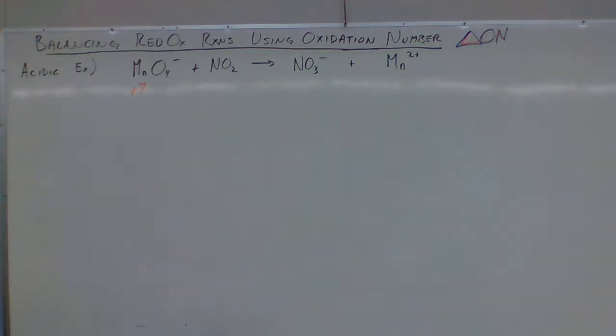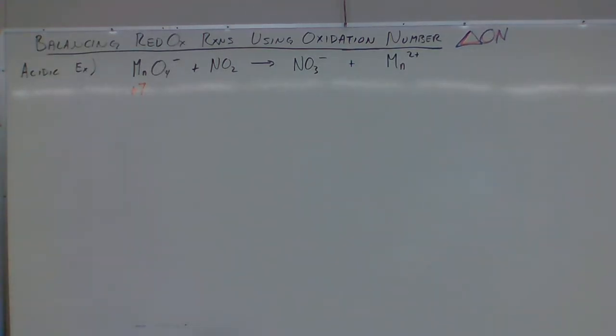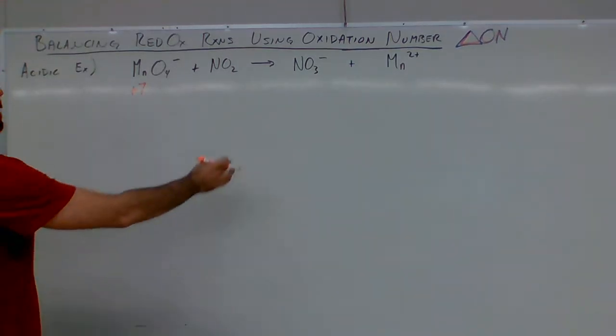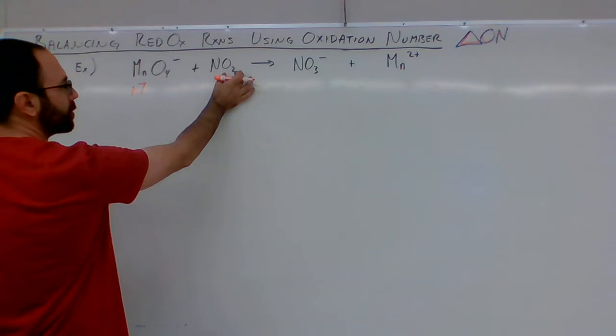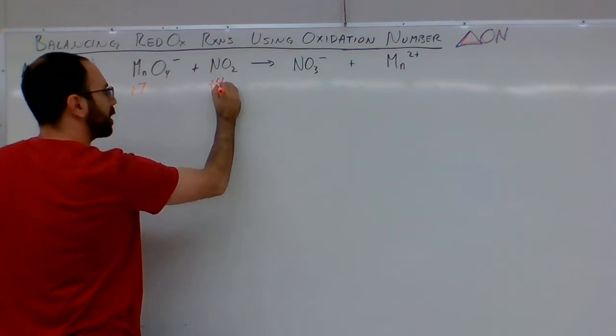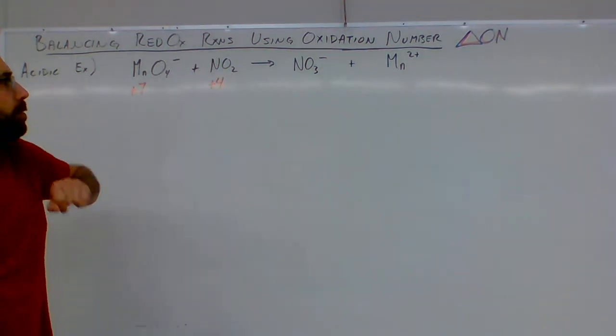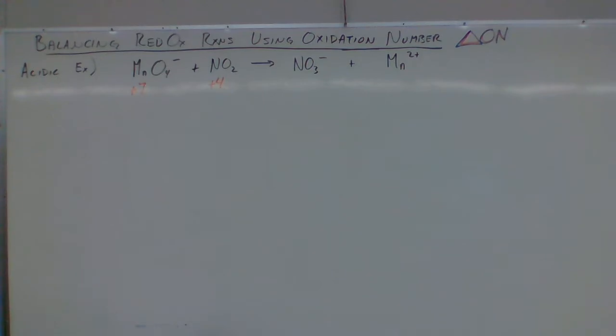Looking at my nitrogen dioxide, overall this has a net charge of 0. We have a neutral compound here. So if I look at my 2 oxygens, it gives me a -2 each, and we've got a total of -4 from our oxygen, so my nitrogen must be a +4.